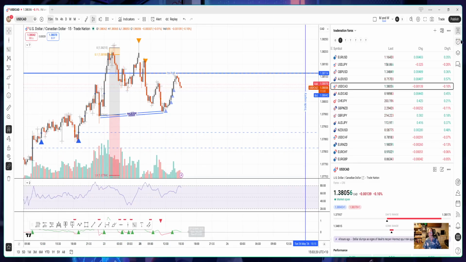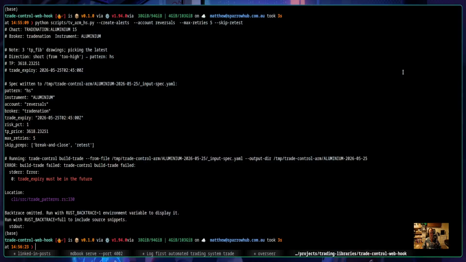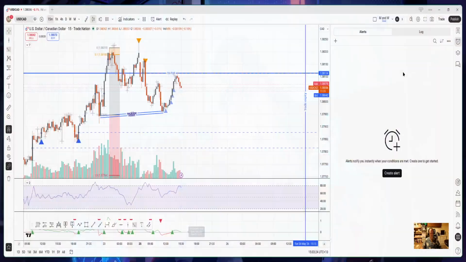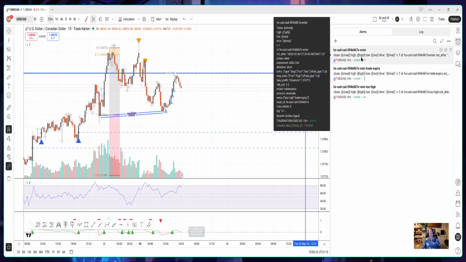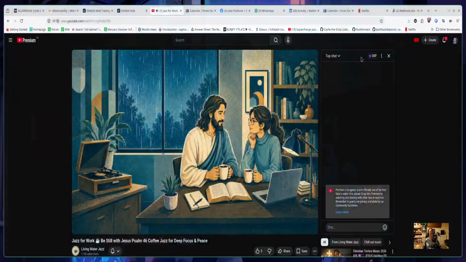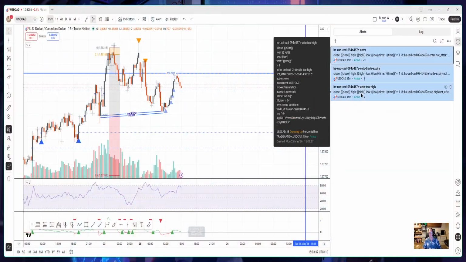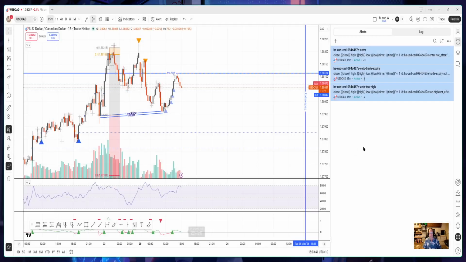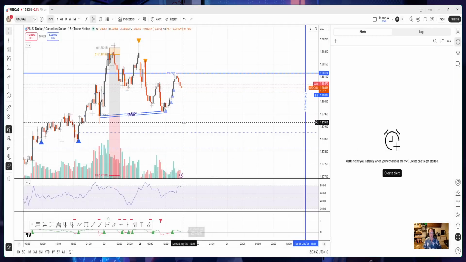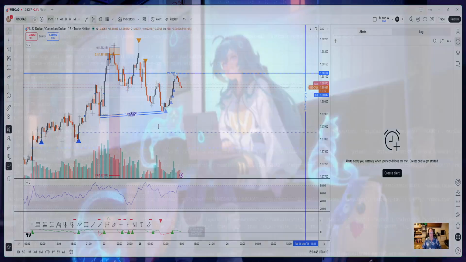And now you see there's no alerts. Activate alerts, Python script. Ping. There you go. So it's got an alert if it goes, oh, you know what, I put skip entry and retest, so I better get rid of that because we want to actually have an entry and retest. So we want it to go neckline break, retest, and then go down.